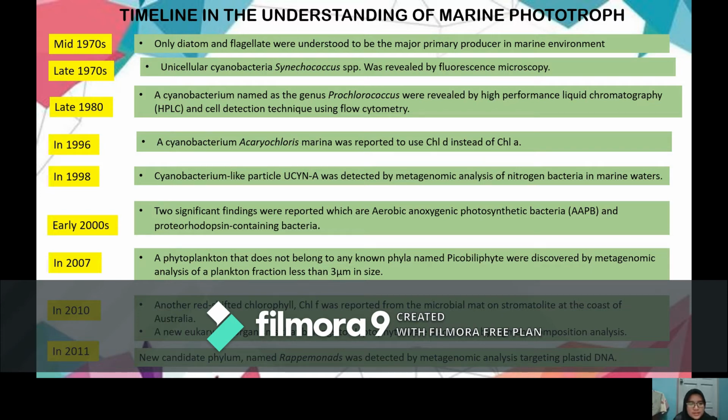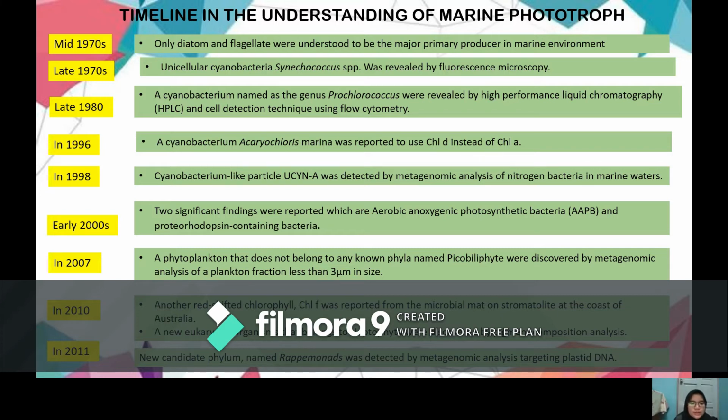In 1996, the cyanobacterium Acaryochloris marina was reported to use chlorophyll d instead of chlorophyll a. In 1998, a cyanobacterium-like particle was detected. In early 2000, two significant findings were reported: aerobic anoxygenic phototrophic bacteria (AAPB) and proteorhodopsin-containing bacteria.